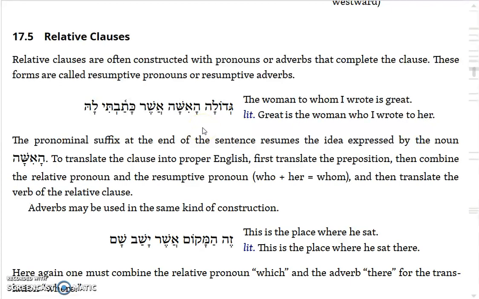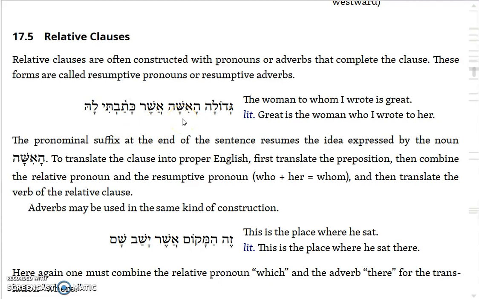And what it means is the woman to whom I wrote is great. And here the asher clause is modifying woman. Ha'isha asher katavti lah.